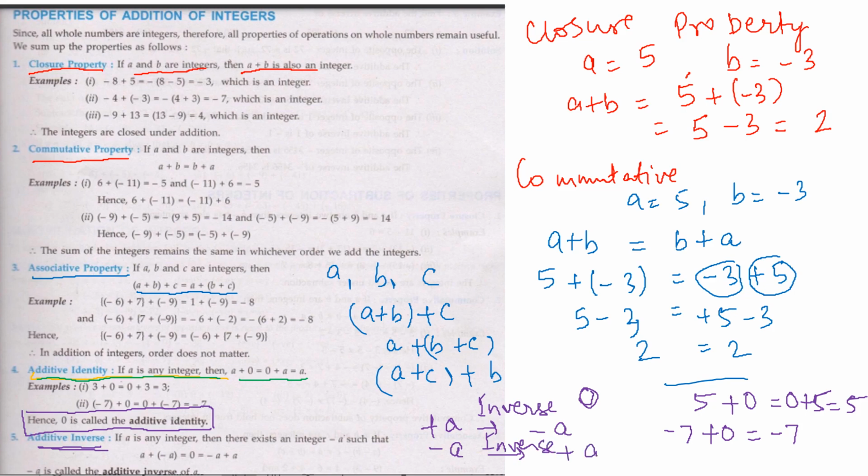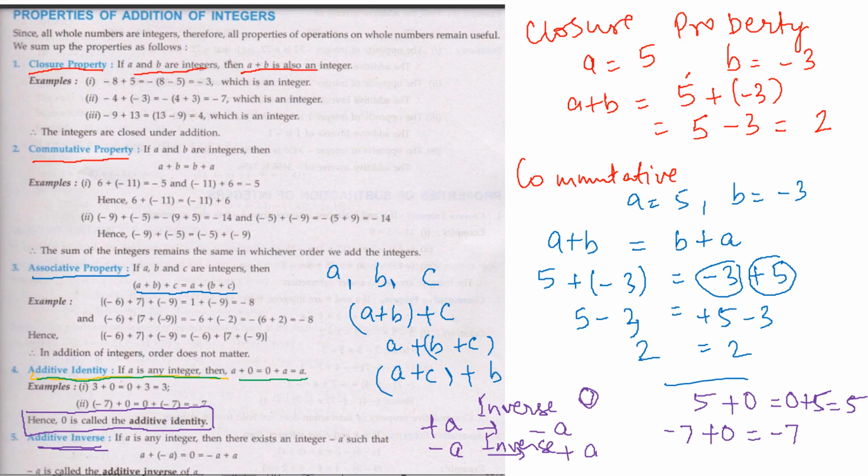Getting it? That's what they are saying. If a is any integer, then there exists an integer minus a such that a plus minus a is equal to 0. Inverse means different, means the sign will change. When the sign changes, their sum will always be 0.